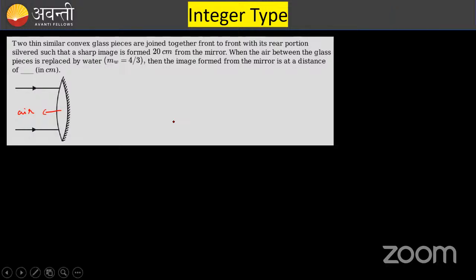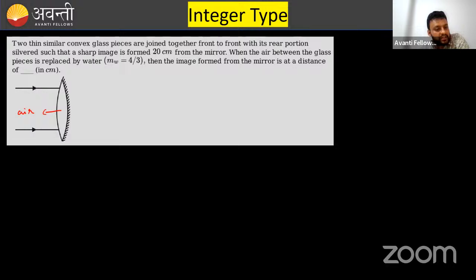That means initially, question is saying that image is formed at what point? 20 centimeter from the mirror. What does it mean? That focus is 20 centimeter.